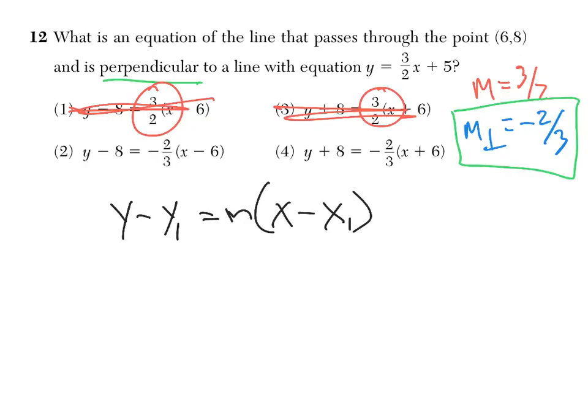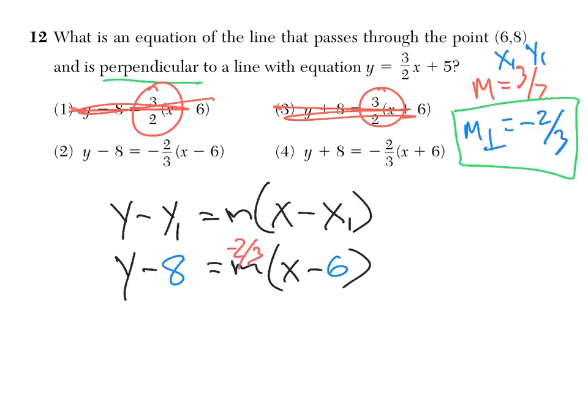And so when we look at this original point, we can see that 6 is x1 and 8 is y1. I'm going to rewrite the equation now, simply popping in the new x and y values. And when I do that, I know that y1 is simply positive 8, and that x1 is simply 6. And I, of course, remember that m is now negative 2/3.